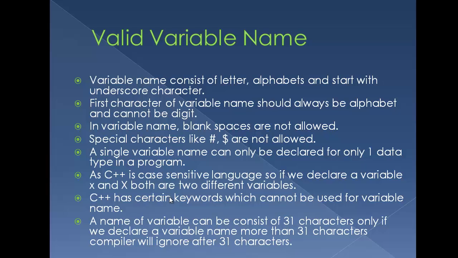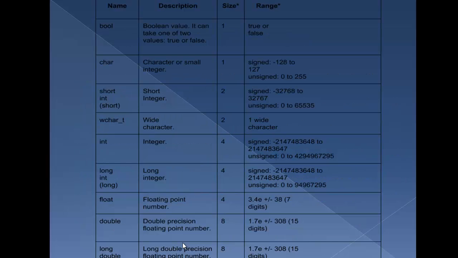Although main is not a keyword, you cannot use this method name or function name as a variable name. A variable name can be 31 characters long. If you declare a variable name of more than 31 characters, the compiler will ignore everything after 31 characters.